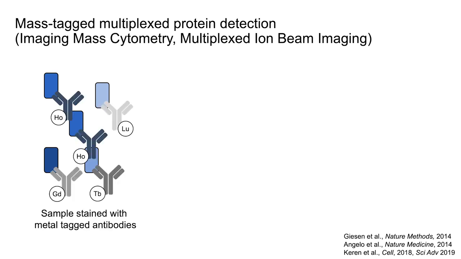So the first thing we'll go over is the mass tagged approaches that use the large sensor bandwidth of mass spectrometry by tagging every individual antibody with a particular heavy metal isotope. Since there's hopefully no heavy metals in your biological sample, these are very cleanly isolated from the native biological signal using mass spectrometry.